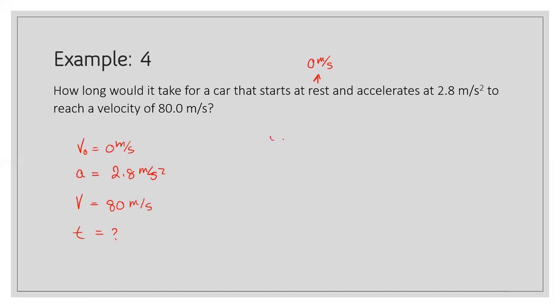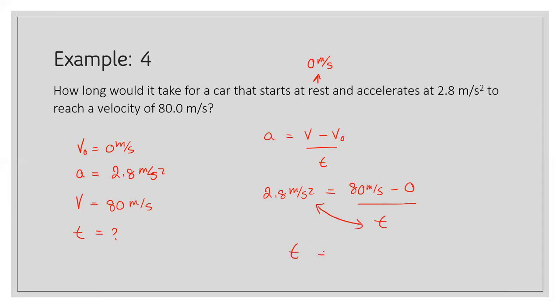So acceleration is equal to velocity minus v naught divided by t. Plugging in our information, 2.8 meters per second squared is equal to 80 meters per second minus 0 divided by time. Rearranging that, remember from last term, we can do an easy flip.